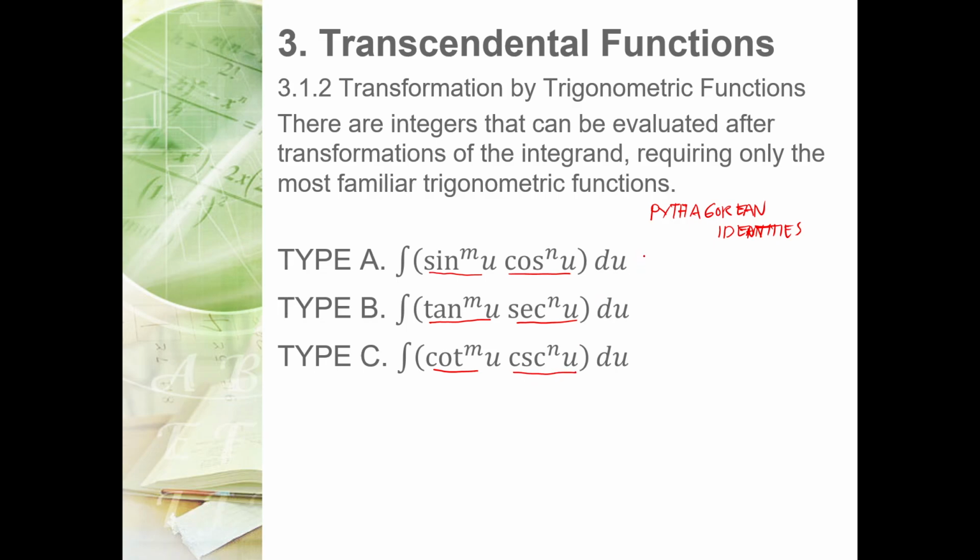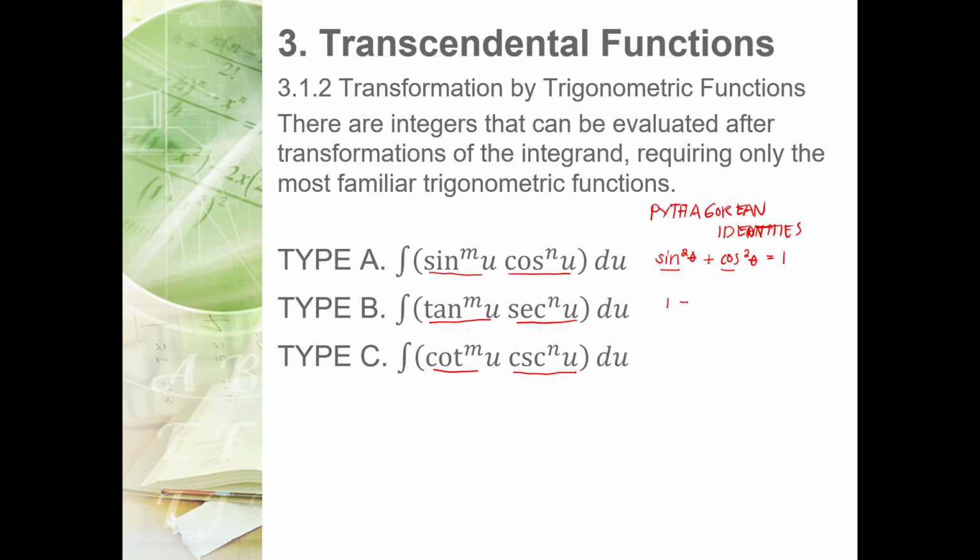If you try to list down the different Pythagorean equations, type A pertains to sine squared theta plus cosine squared theta is equal to 1. So as you can see, sine and cosine pair up. Next is your tangent and secant.